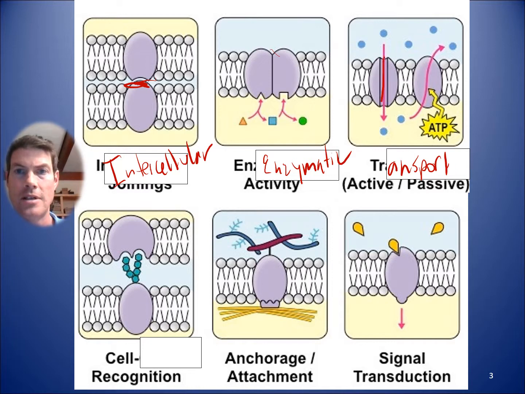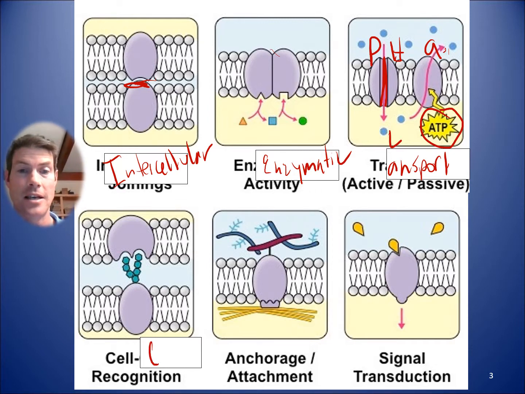You have both. This is passive right here, and this is active. See this ATP being used, pushing things against their concentration gradient. Passive, things go along their concentration gradient. So basically high to low. This is going here, you're going low to high, which is like going uphill.